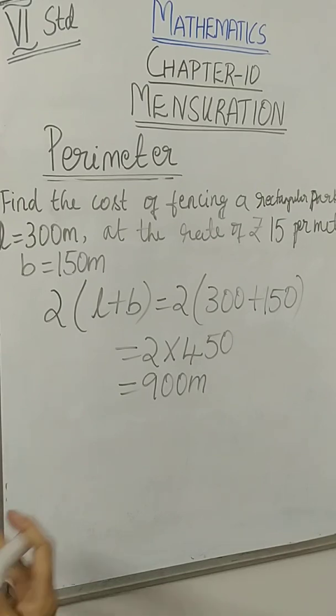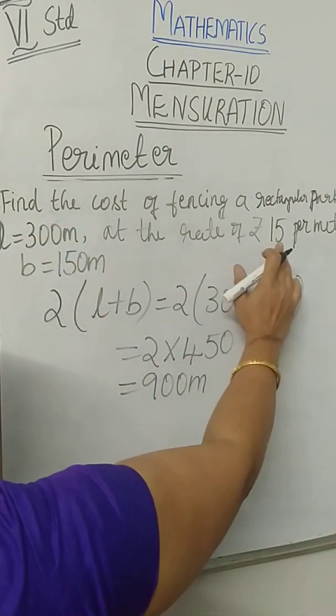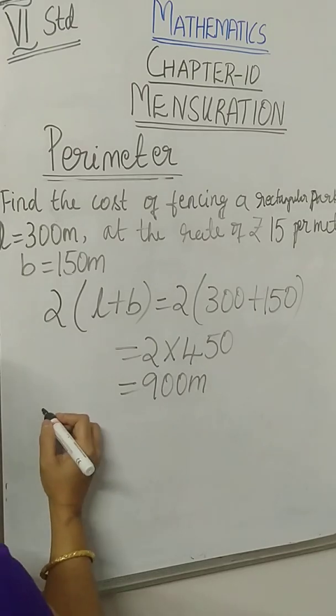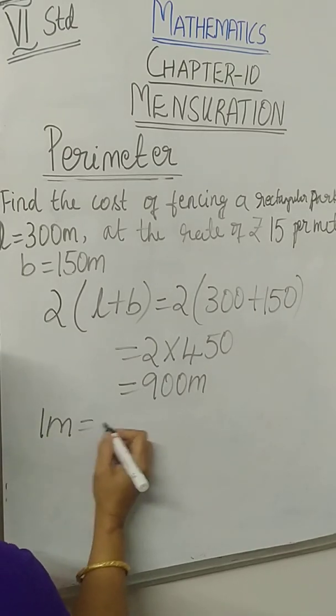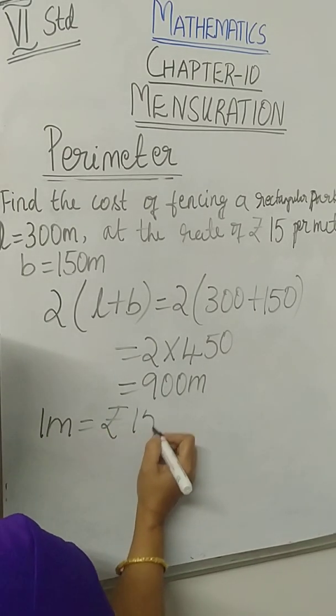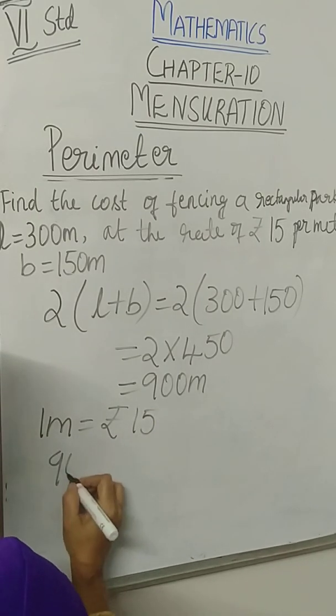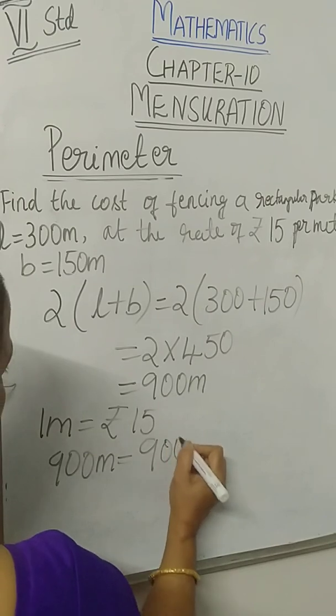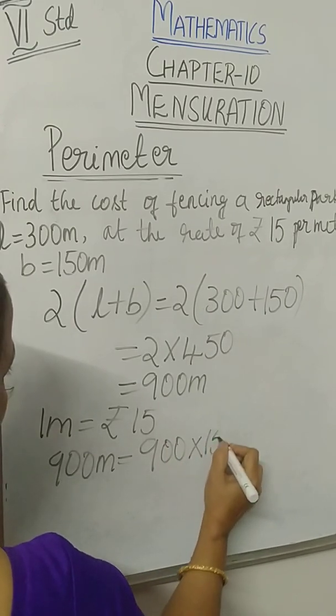So this 900 meter has to be fenced at the cost of rupees 15 per meter. So how will you calculate? For 1 meter it is rupees 15. Therefore, for 900 meter, it will be 900 into 15.